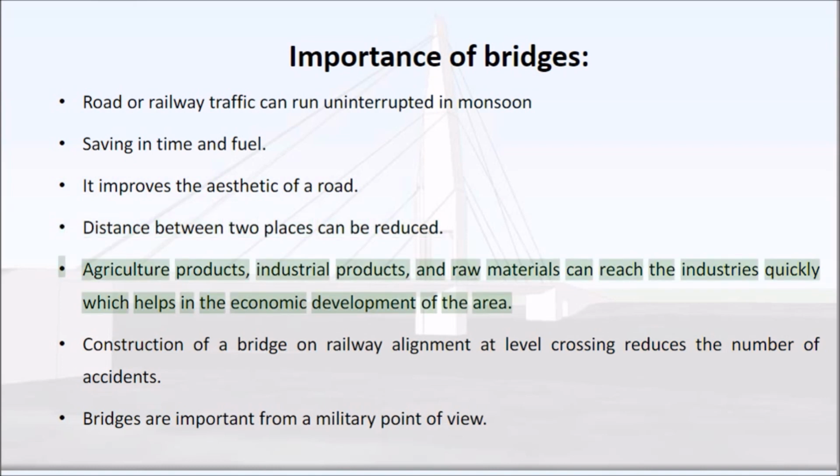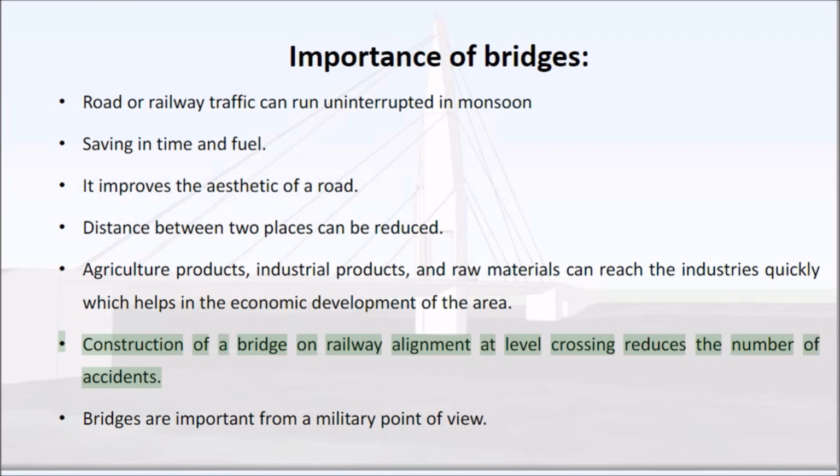Agriculture products, industrial products, and raw materials can reach the industries quickly, which helps in the economic development of the area. Construction of a bridge on railway alignment at level crossing reduces the number of accidents. Bridges are important from a military point of view.